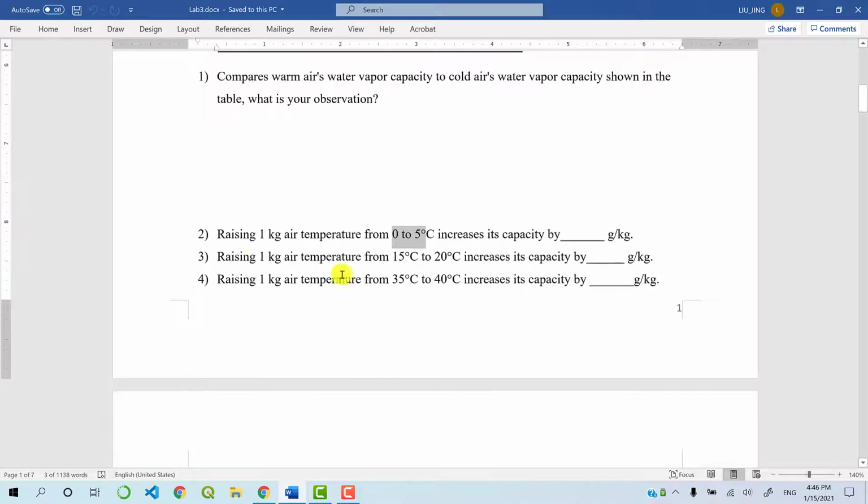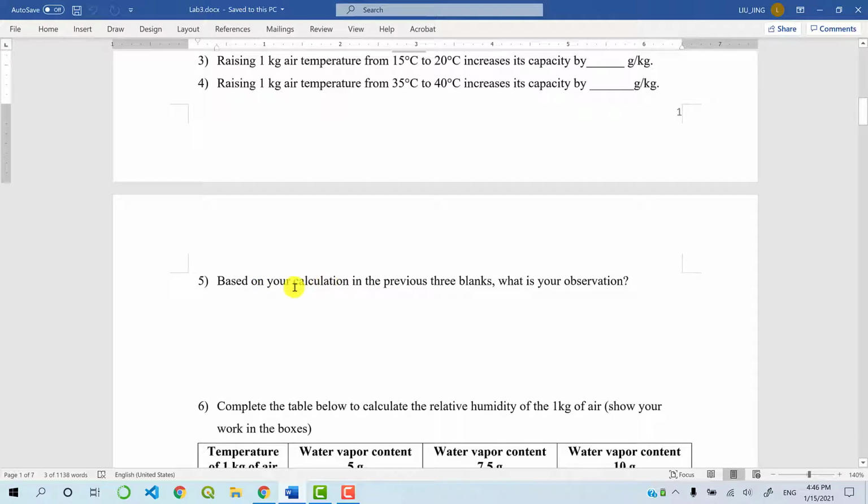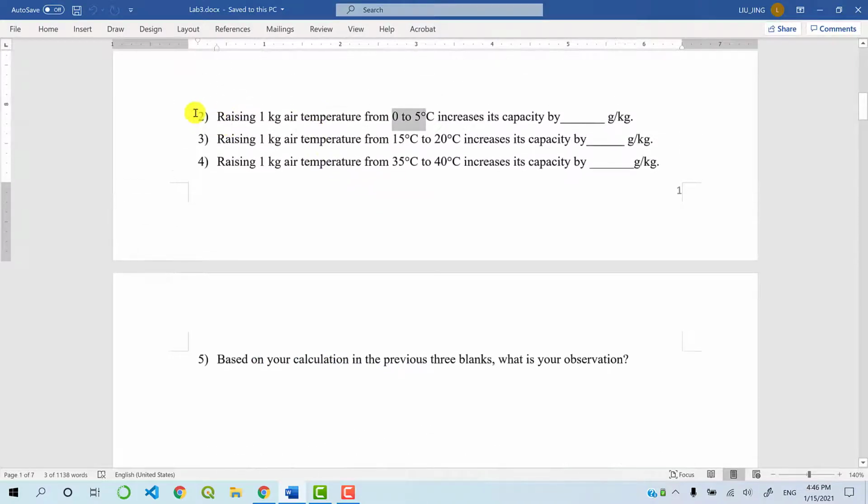The same thing here for questions 3 and 4. Based on your calculation in questions 2, 3, and 4, what's your observation? You can see in those 3 questions, you increase the same amount of temperature, right? Then does this increase stay the same every time or not?